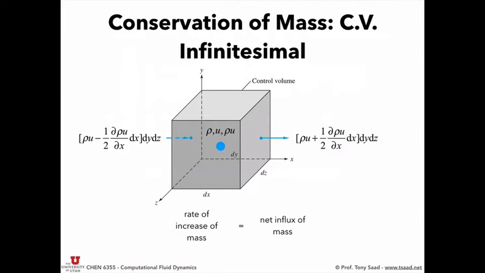So here we're going to say we know rho u in the center. So what is rho u at a distance delta x over 2? In 1D, just to simplify things for you, this is what we're looking at. In the middle, I have a rho u.